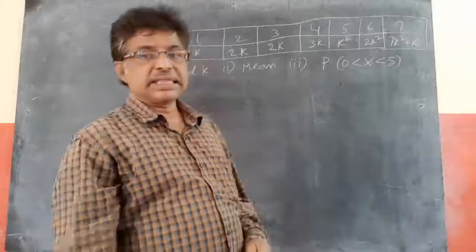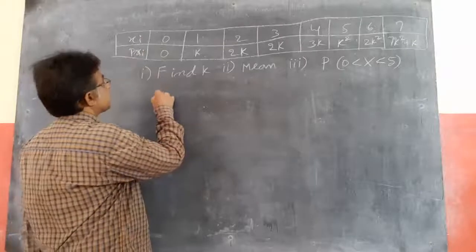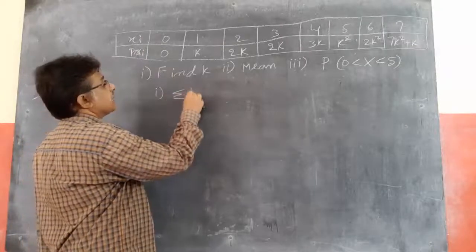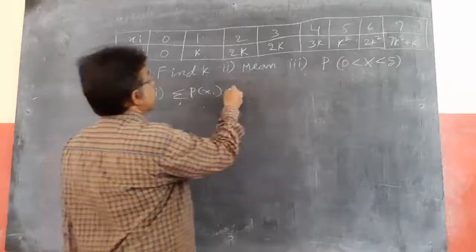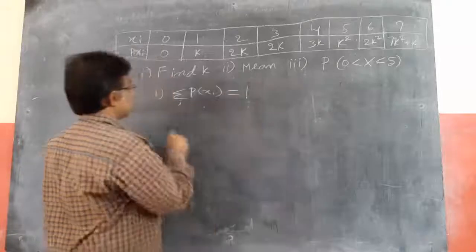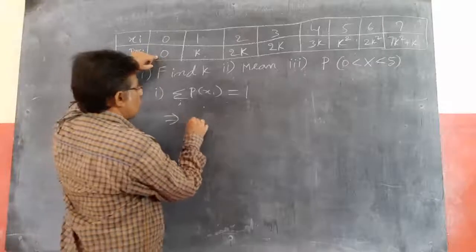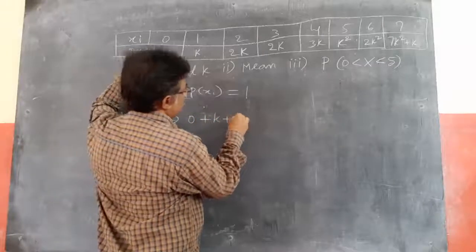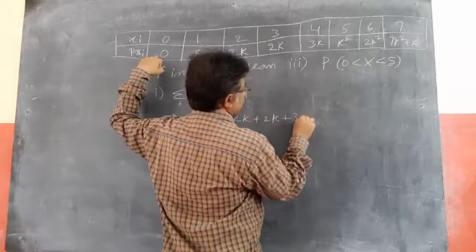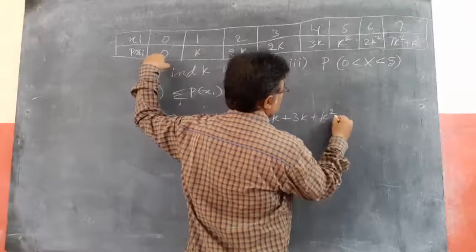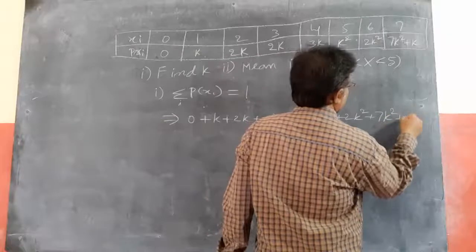We already discussed it: sigma p of xi is 1 always. To find k, sigma of p of xi for i equal to 1 onwards is 0 plus k plus 2k plus 2k plus 3k plus k square plus 2k square plus 7k square plus k.